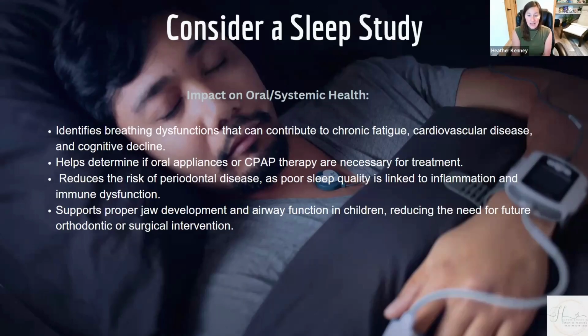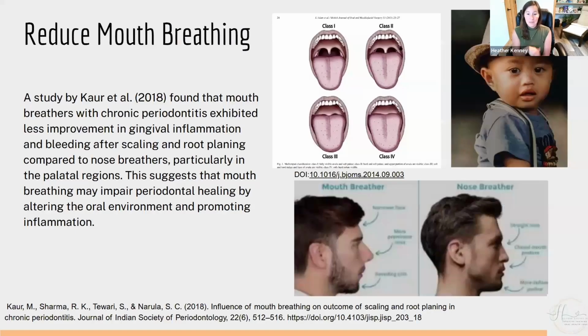Of course, I think it's important if we have a sleep issue that we also deal with the function of the tongue and check our airway components and make sure that we're looking at our Mallampati score. So this is a little diagram of the Mallampati score. If you aren't checking Mallampati, I think it's a really important aspect.